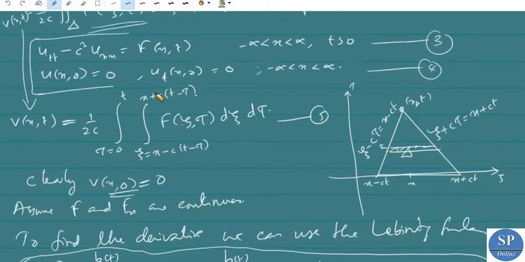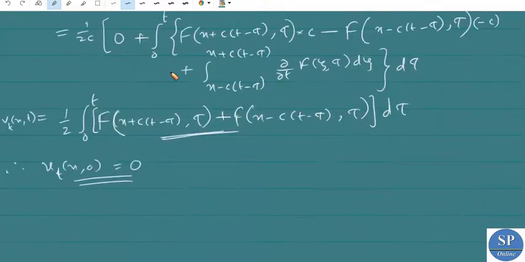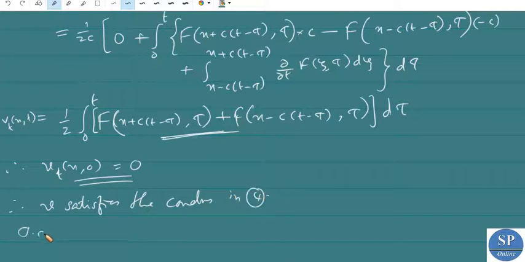So v satisfies the initial conditions for this and this. Okay, so therefore v satisfies the conditions in 4.